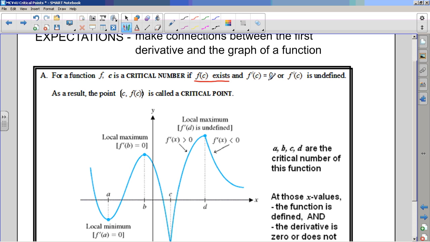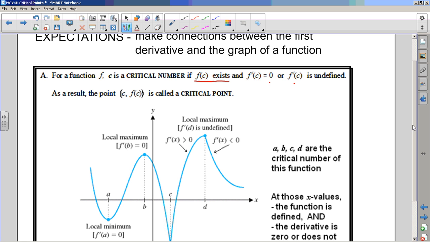And f prime at c equals 0, or f prime at c is undefined. So it's 0 or undefined. Then it's called a critical number. As a result, when we substitute in and get the y coordinate, c, f at c is a critical point. Okay, so the first derivative is 0 or undefined, but f at c has to exist.